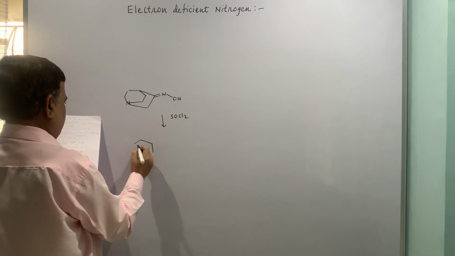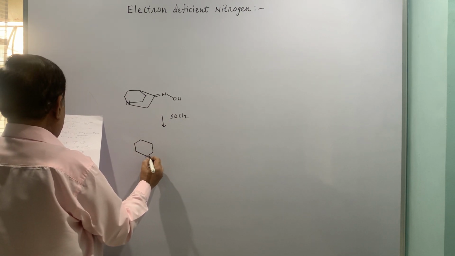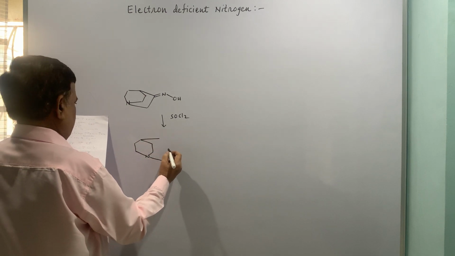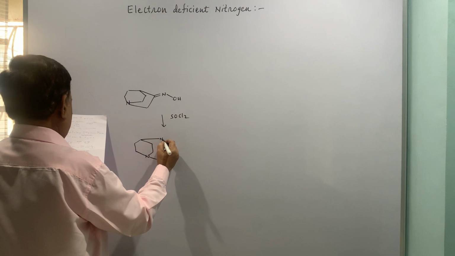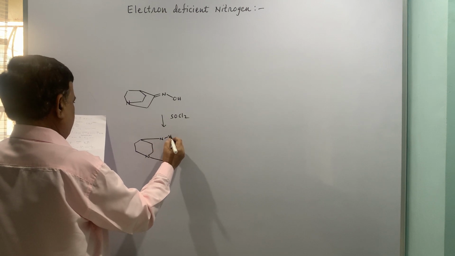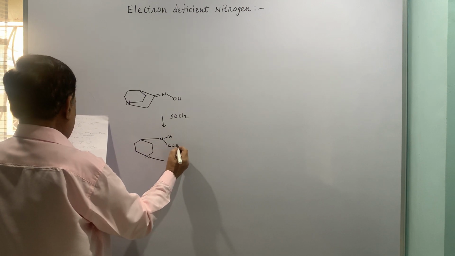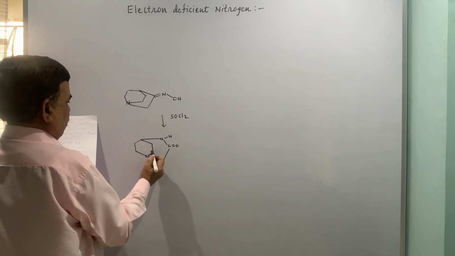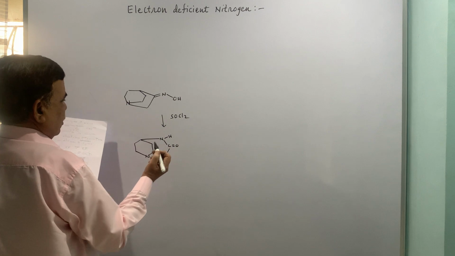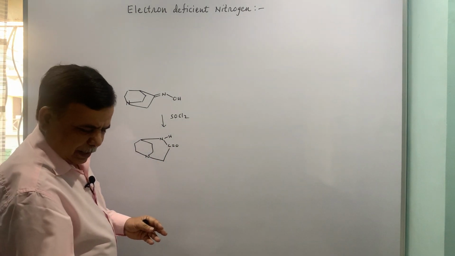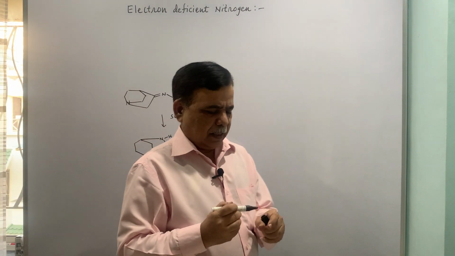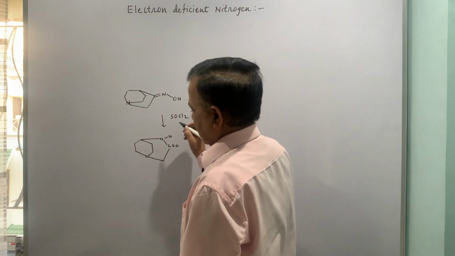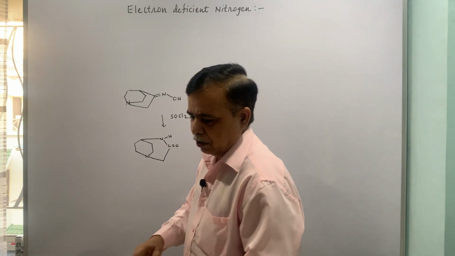What we have is, now you got N, H, C double bond O. So 1 2 3 4 5 6 7. So there is a ring expansion and the mechanism would be the same. Only thing is I am showing it with thionyl chloride.